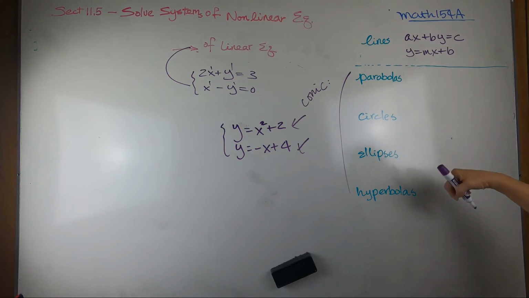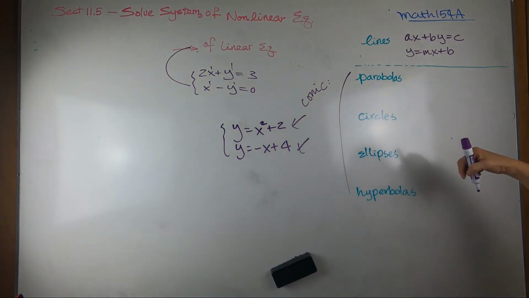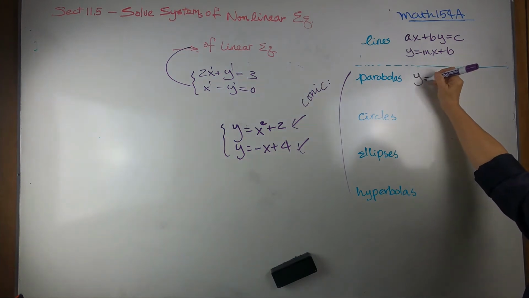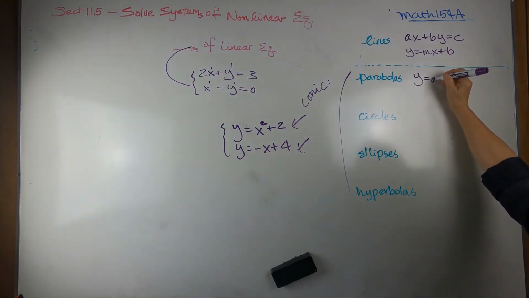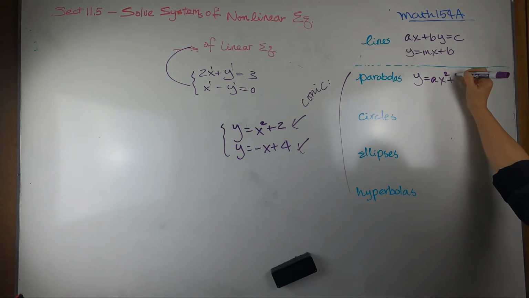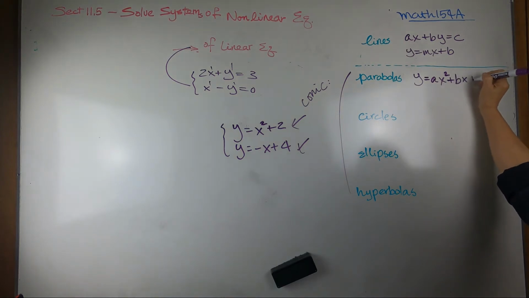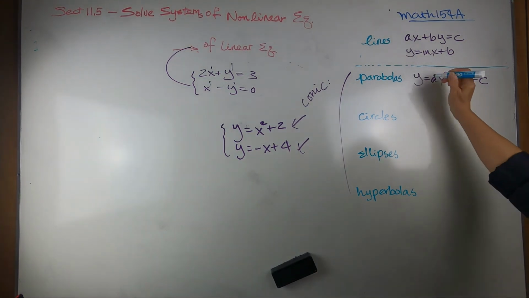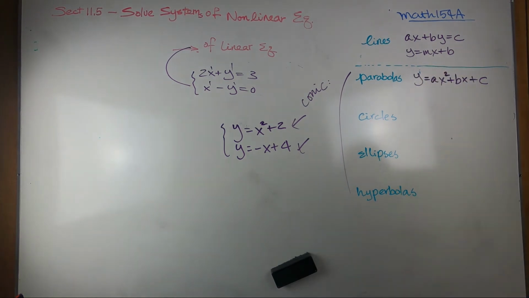Then for parabolas, what do we have? The standard form is y equals ax squared plus bx plus c. y has just one power, and x is the second power.